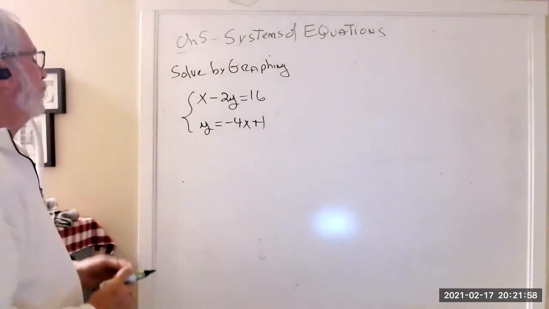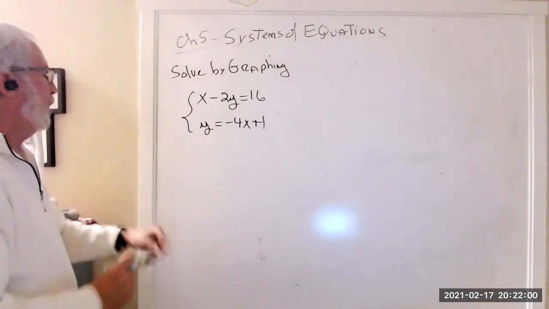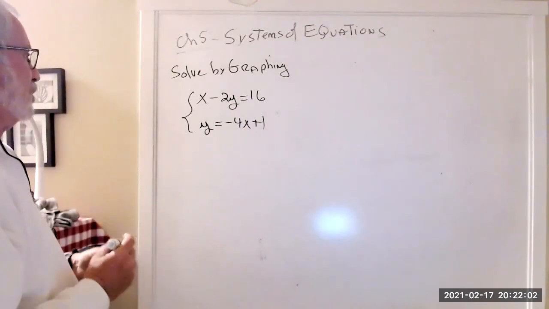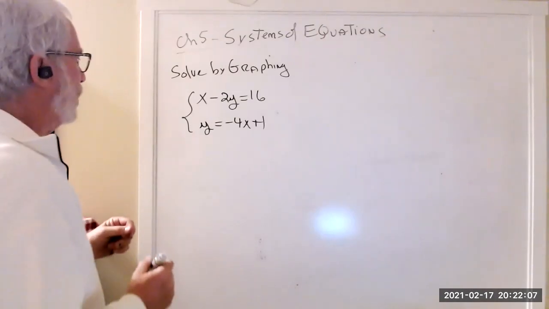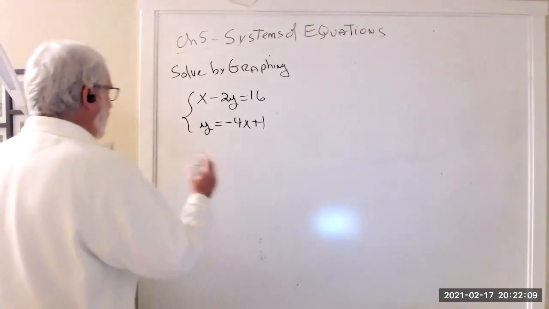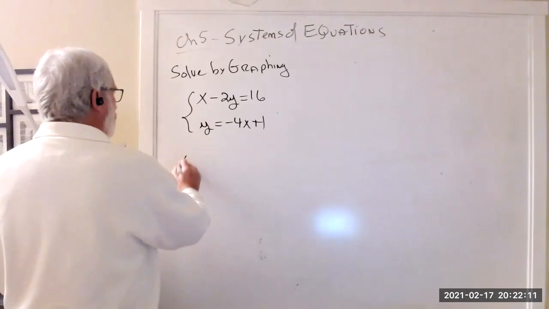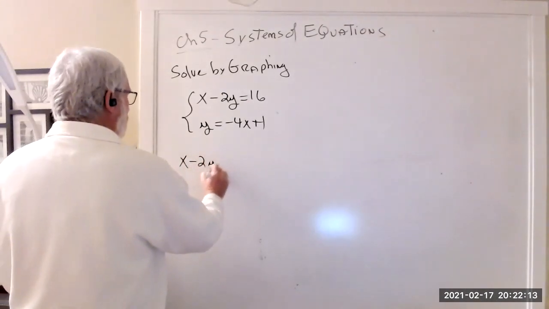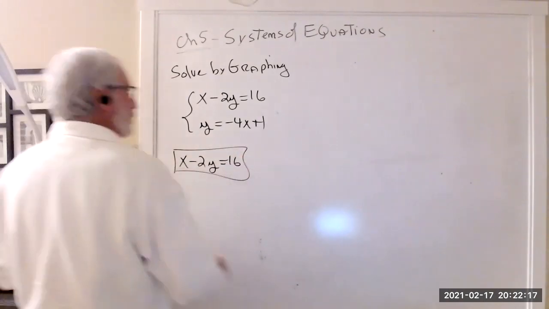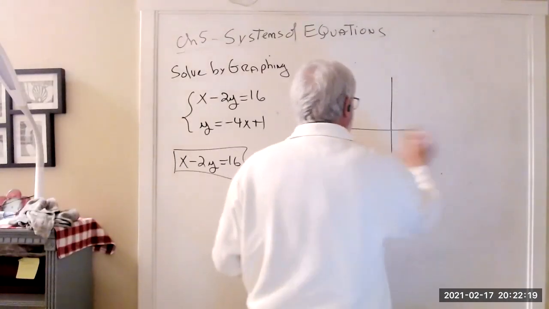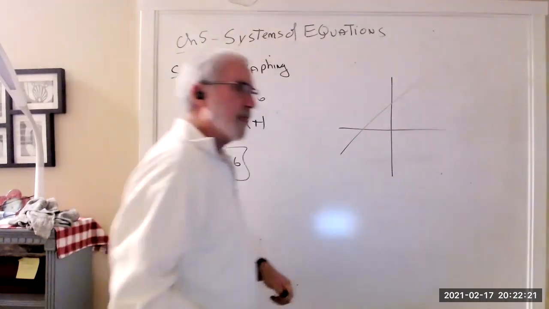Okay, so I want to solve this system by graphing. You're going to go in your notes, however you want to do it, and graph this on an XY grid somewhere.